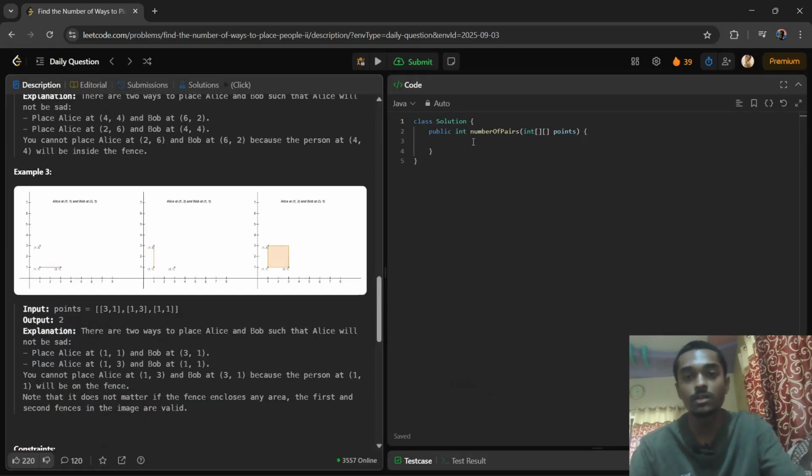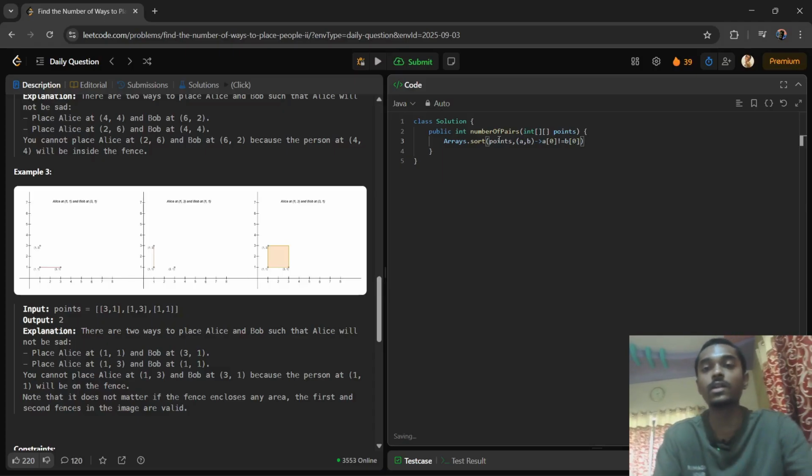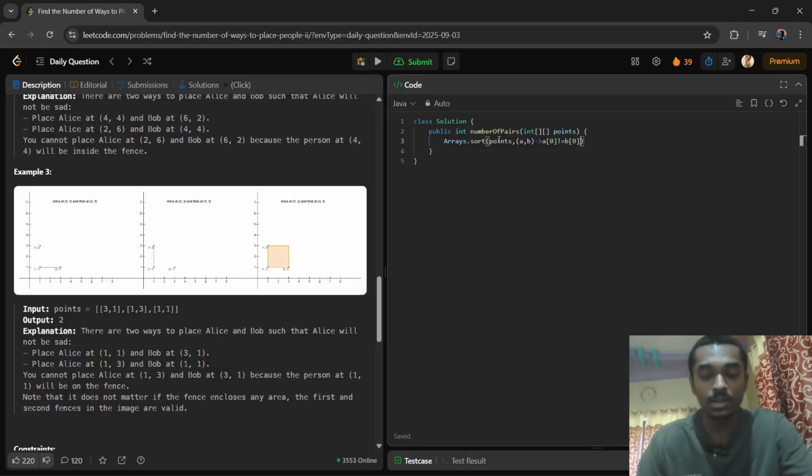So this is our question. First we have to sort it. Arrays dot sort our points, on the basis of our x1. Now we have to check: if a of 0 is not equal to b of 0, then sort on our x value, like a of 0 minus b of 0.